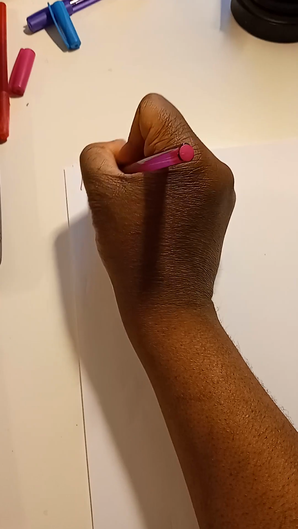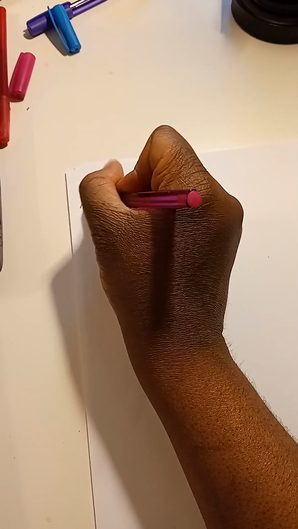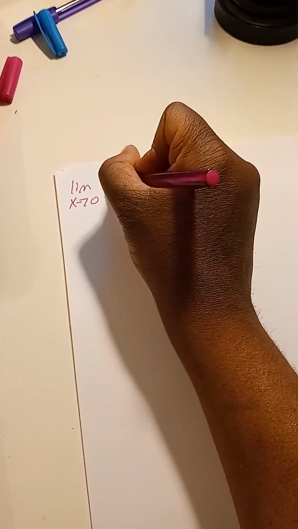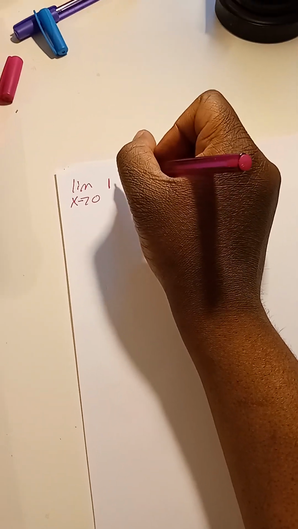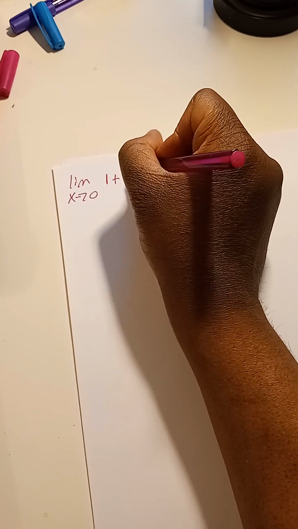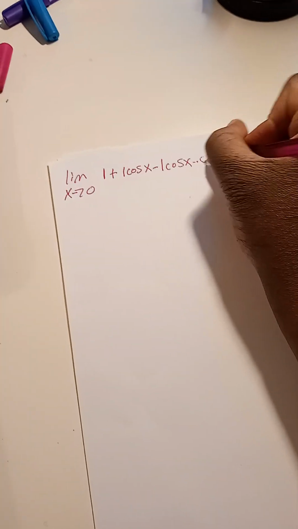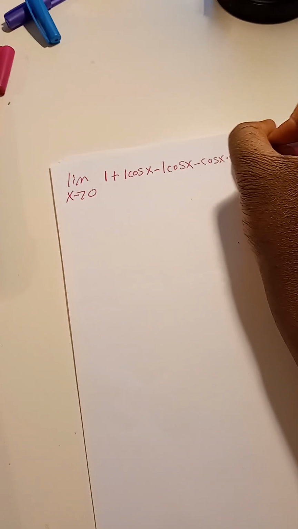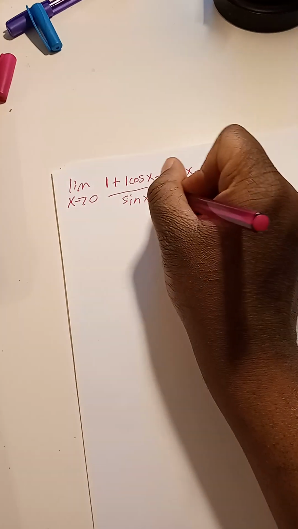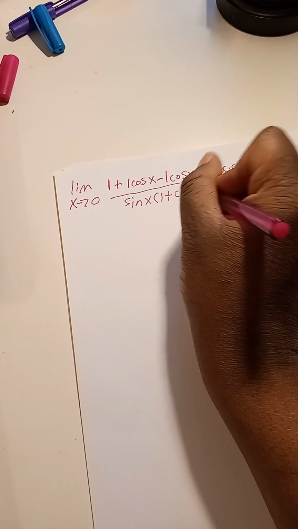So as the limit as x goes to 0 of 1 times 1, which breaks down to 1, plus 1 cosine of x minus 1 cosine of x minus cosine of x times cosine of x, all over sine of x times 1 plus cosine of x.